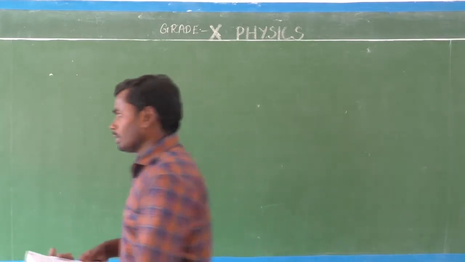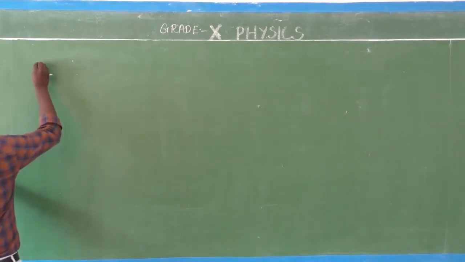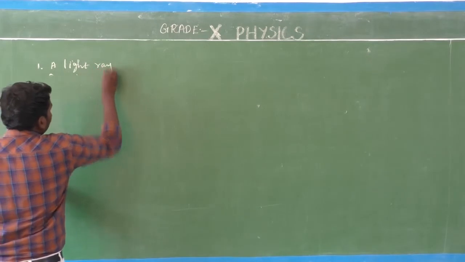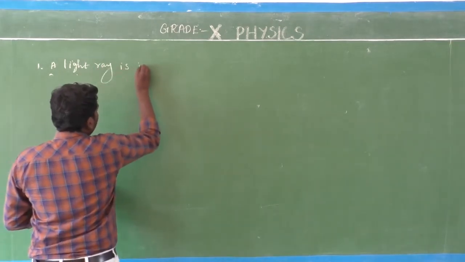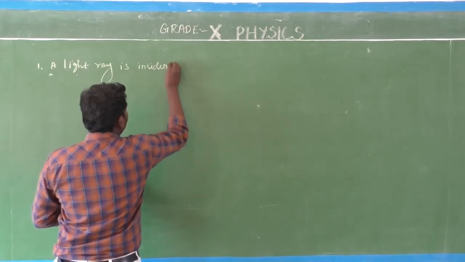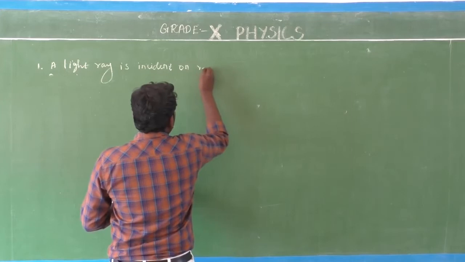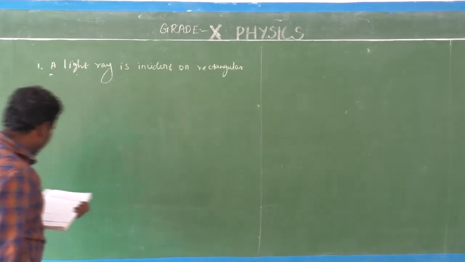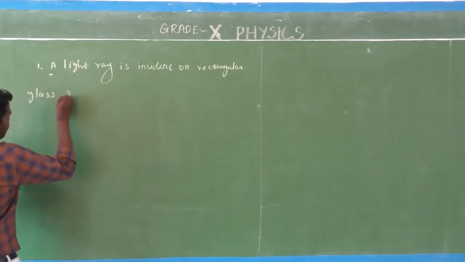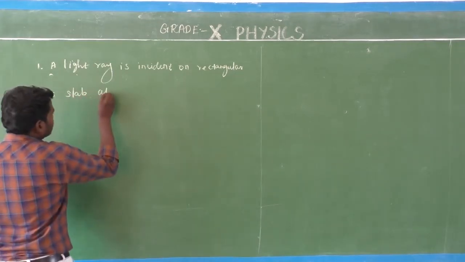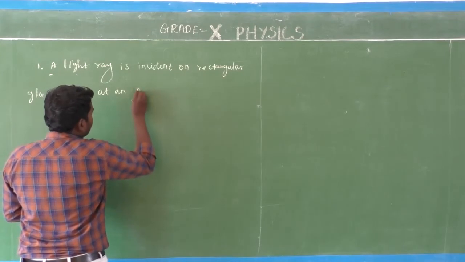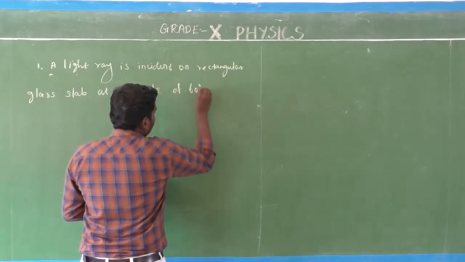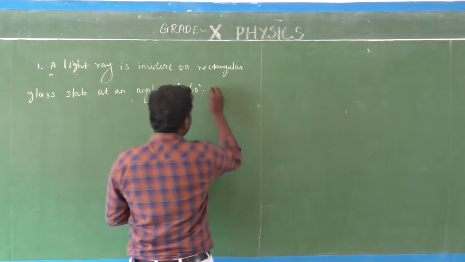The first question. A light ray is incident on a rectangular glass slab at an angle of 60 degree.